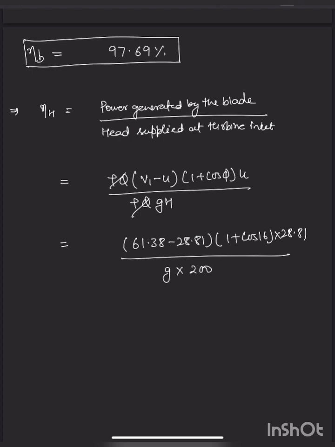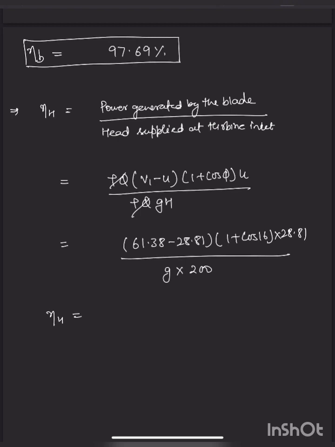V1 is 61.38 minus 28.81, into 1 plus cos 16, into 28.81, divided by G into 200. So the hydraulic efficiency is 93.79%.